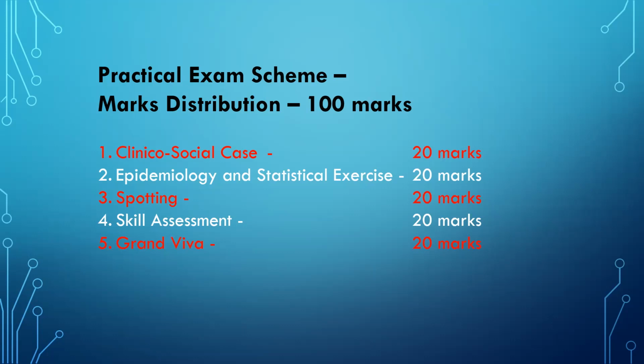In some colleges, they keep OSPE for skill assessment, but some give you written scenarios and you have to write down the answers. So in this video, we'll talk about spotting, and the marks for spotting are 20.